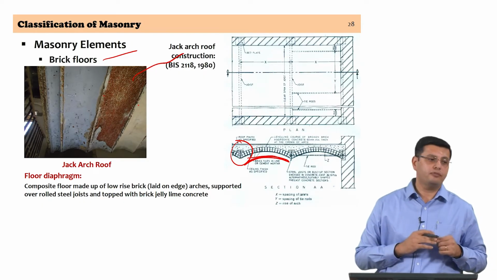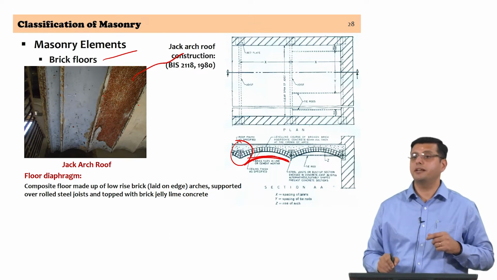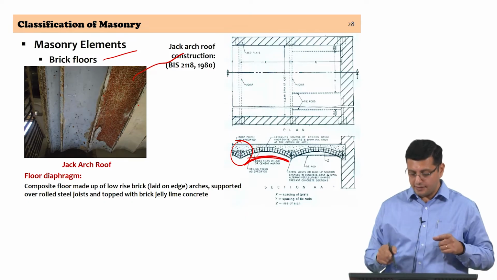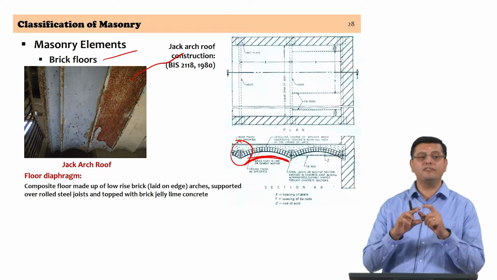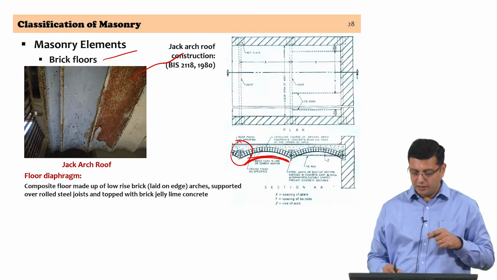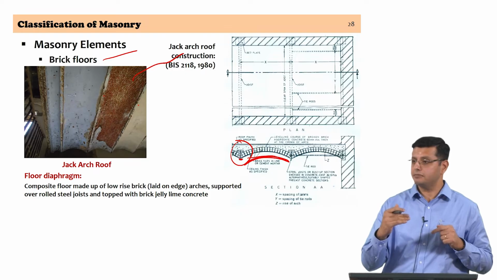What is a challenge in this sort of construction is protection of the steel elements from corrosion, and hence you can see that the rolled steel joist here in cross section is itself encased in concrete, but often the base flange is not encased.